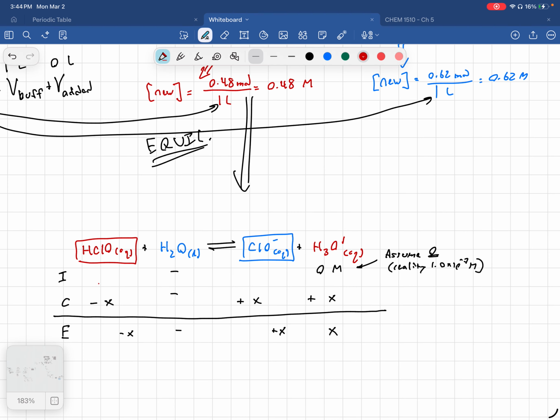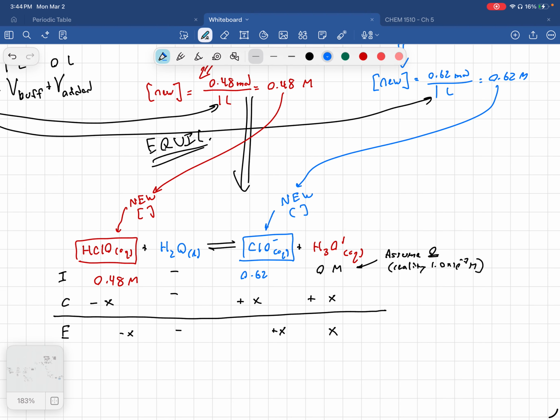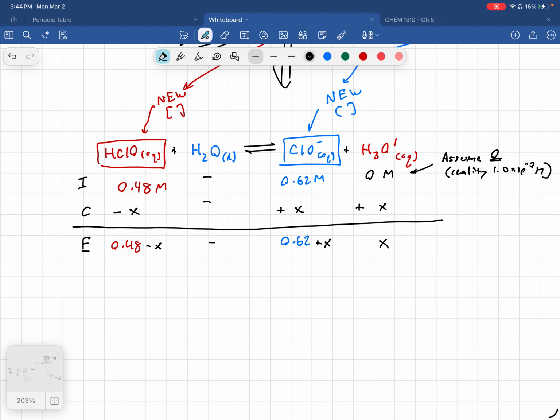So here we have 0.48 moles per liter. That's the new concentration, right? And then here we've got the new concentration, and that is now 0.62 moles per liter. So 0.62, 0.48. Now the rest of the problem works the same. If we do the test again, it's going to succeed again.